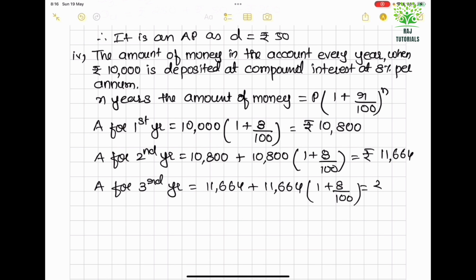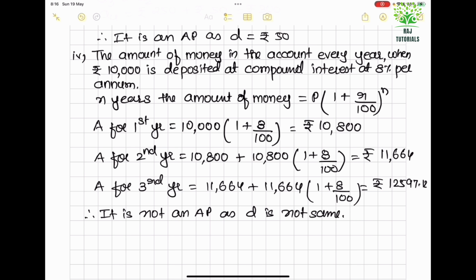So that is coming to rupees 12597.12. So I can say it is not an AP as D is not same. Naturally, it won't be same in the compound interest, but if it would be in simple interest, it would be same.